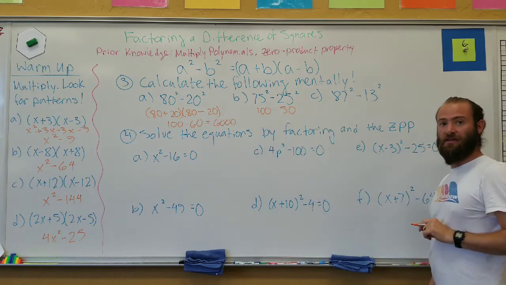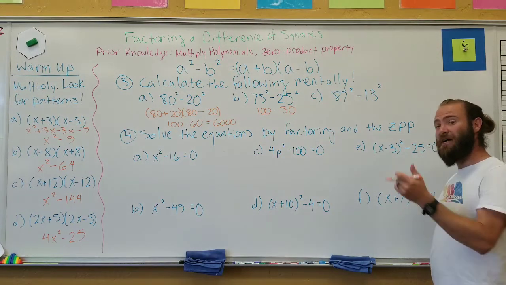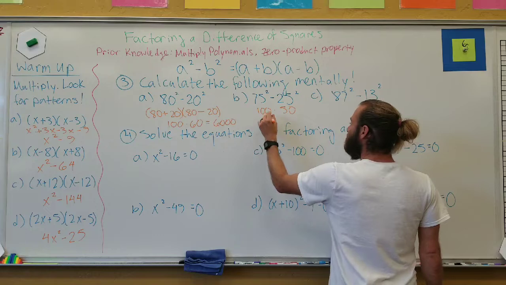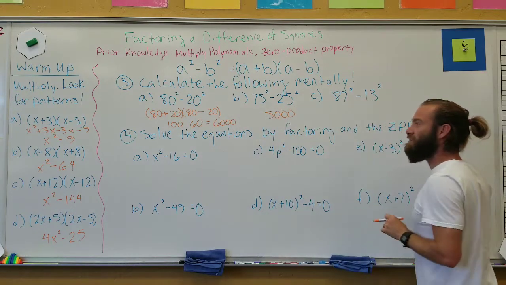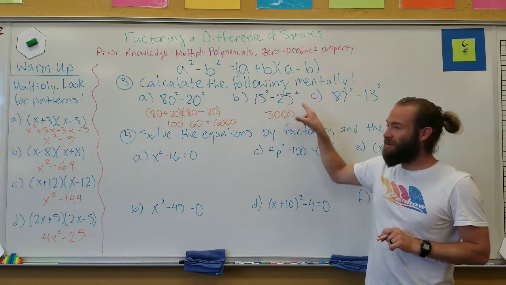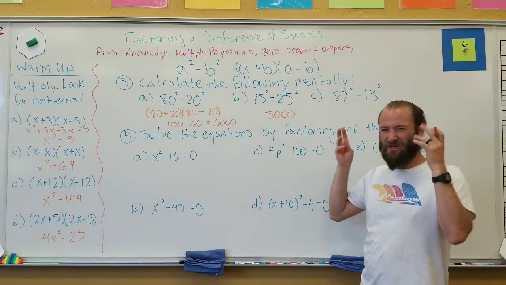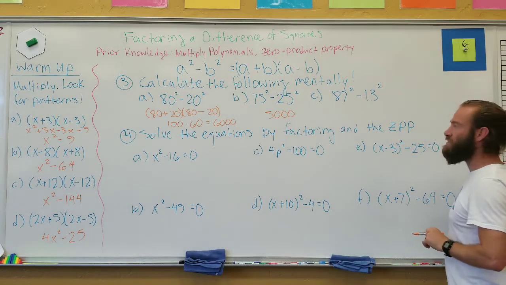See if you got that. 75 plus 25 is 100, and 75 minus 25 is 50. So this is going to be equal to 5,000. And again, try not to square it separately and subtract it, because squaring in your head is a lot of work, but the numbers that we're using here turn out to be nice.